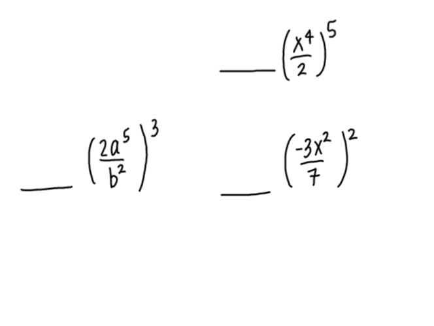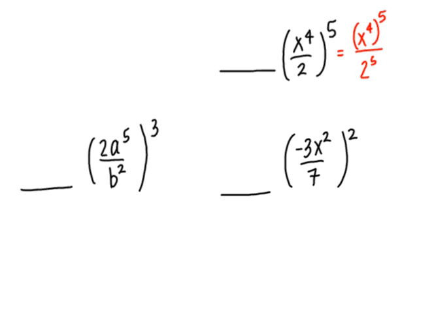Our next problem deals with the quotient to powers rule. You're going to take each term of the quotient and raise it to the exponent. So this first problem would be x to the fourth divided by 2, all raised to the fifth power. You would have x to the fourth to the fifth power over 2 to the fifth power.